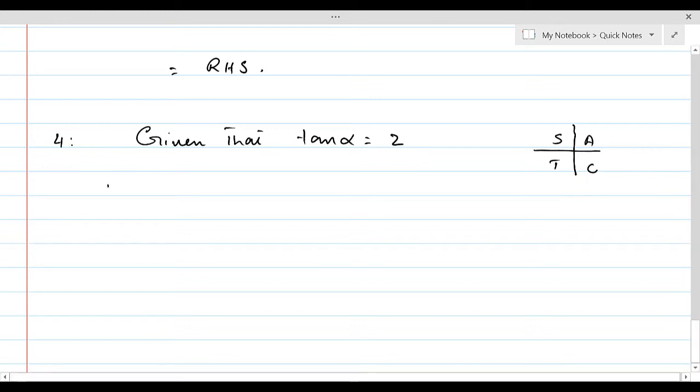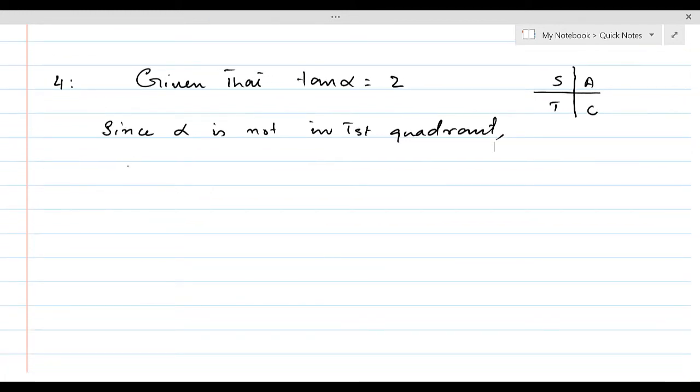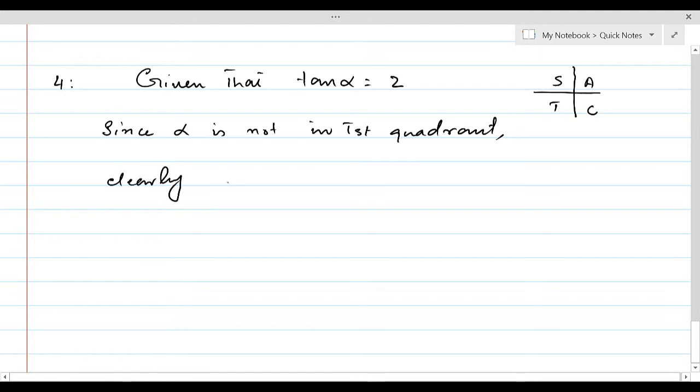Since alpha is not in the first quadrant, clearly it is in the third quadrant.